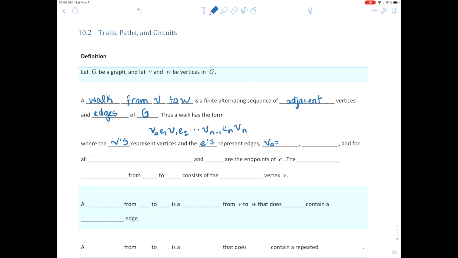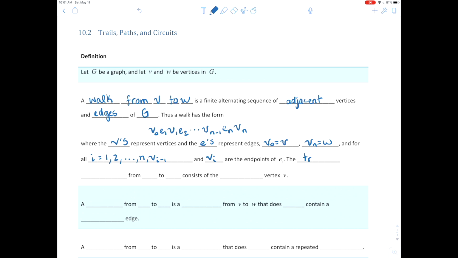V0 is equal to V and Vn is equal to W, and for all i equal to 1, 2, all the way down to n, V sub i minus 1 and Vi are the endpoints of Ei. All right, so that's the very general setup.